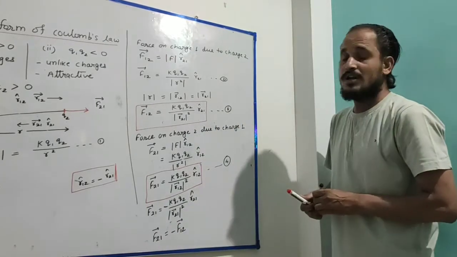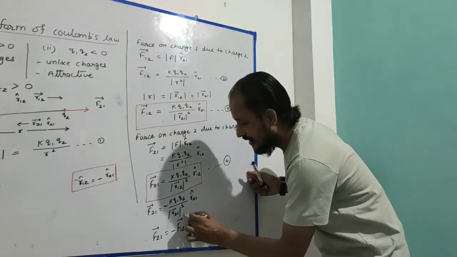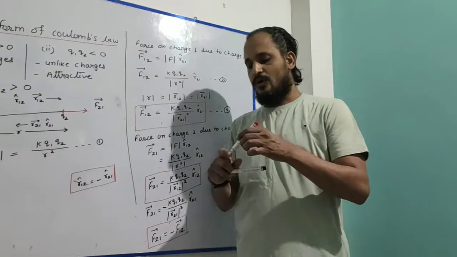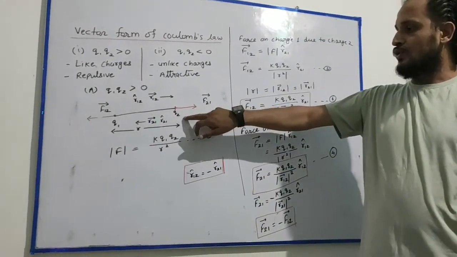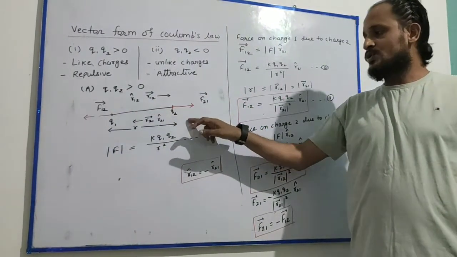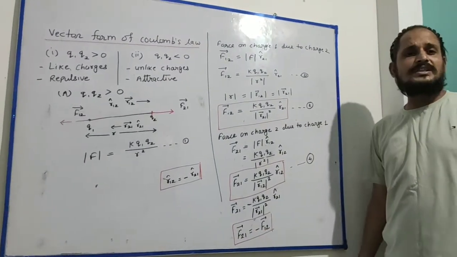We are getting additional information here, students: the force acting on charge 2 due to charge 1 and the force on charge 1 due to charge 2 have the same magnitude but opposite direction.